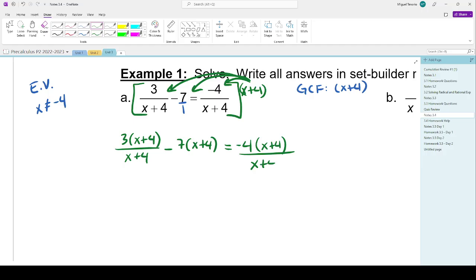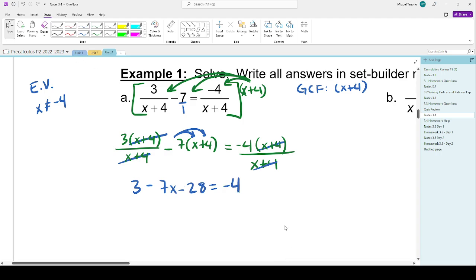It's totally okay. You'll notice now that we have the x plus 4 over x plus 4 right here, which simply reduces. Likewise here. Now, this negative 7, I'm going to distribute in. So I'm going to end up with 3 minus 7x minus 28 equals negative 4.